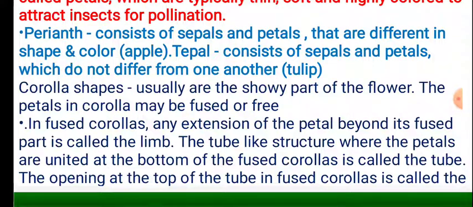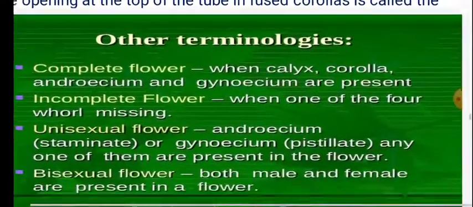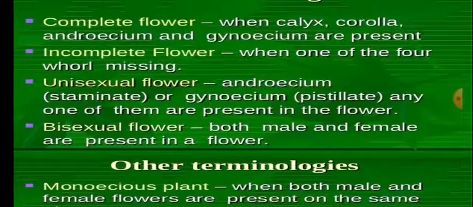Then different corolla shapes are there, based on the free or the fused condition, polypetalous or gamopetalous. The fused corollas are generally tube like, for example dhatura or tuberose. Then another terminology we use is the complete flower.